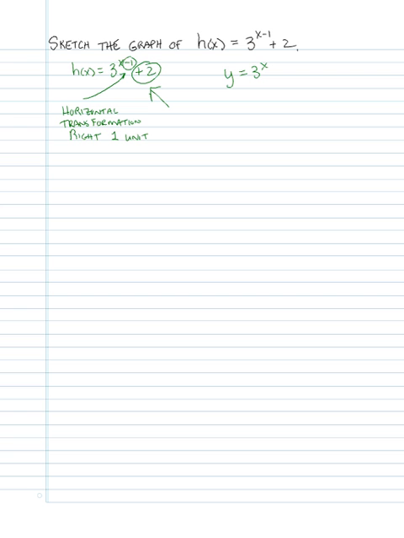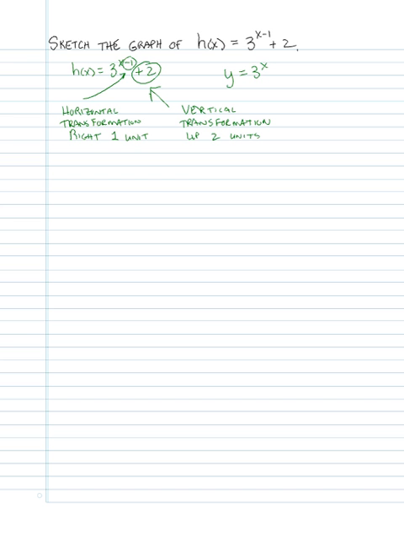We get a y value partially, and then we add 2 at the end to finish out that y value. So this is a vertical transformation. And vertical transformations move in the direction we expect them to, don't we? So because it's plus, it's going to go up 2 units.